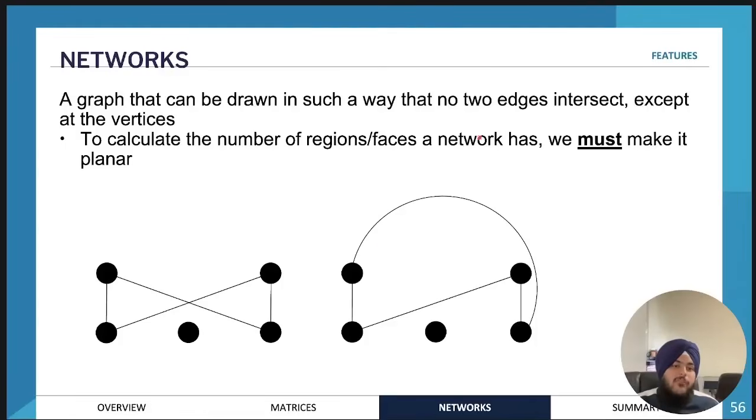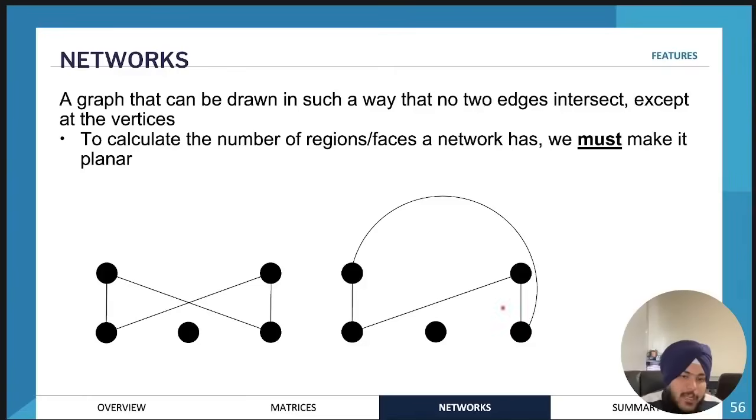If we were to count the number of faces that a network has, we need to make sure that the graph is planar, so that means there are no intersecting edges. For example, in this graph, this is not 1, 2, 3 faces. We can't actually use this graph to calculate the number of faces.